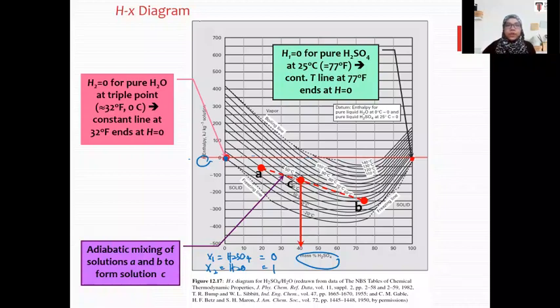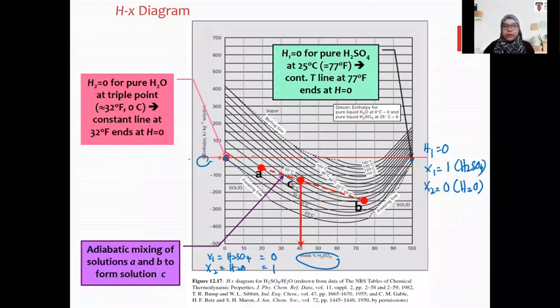So for the pure species of water, S2 will be equal to 0. And for this point, if we have S1 equal to 1, referring to the sulfuric acid, and then S2 equal to 0 is referring to the solvent of water. So we have S1 or enthalpy equal to 0.